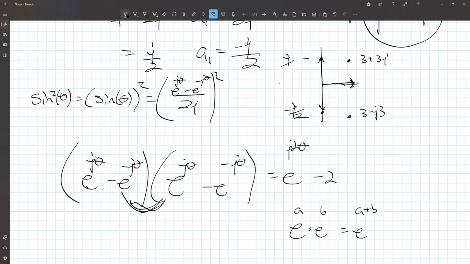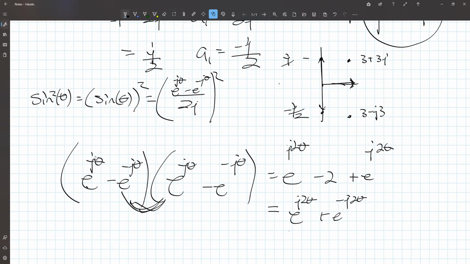We have minus minus, so that becomes a plus. We get plus E to the J 2 theta. And we can do a little rearranging. So we have E to the J 2 theta plus E to the negative J 2 theta. And that's minus 2, right?